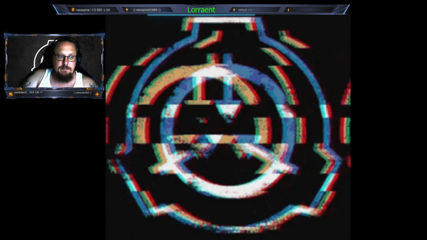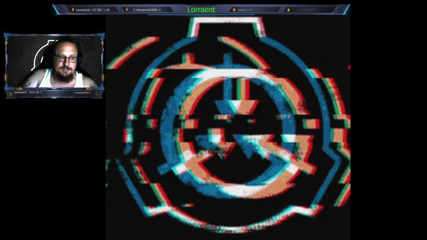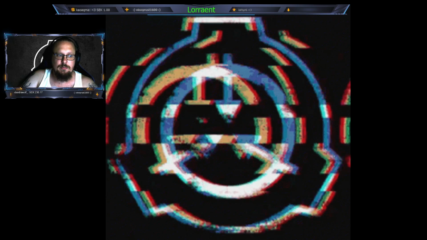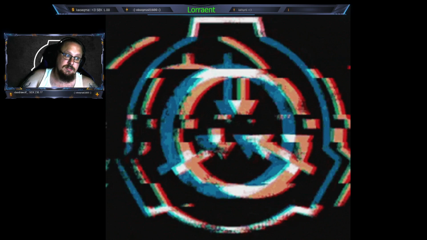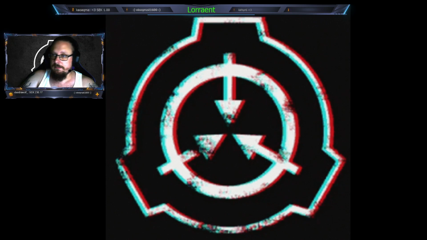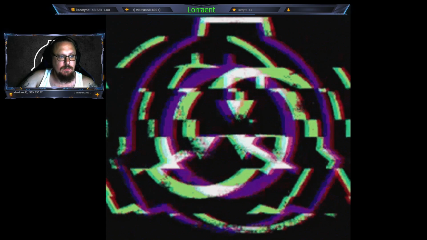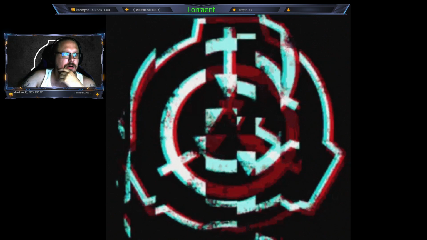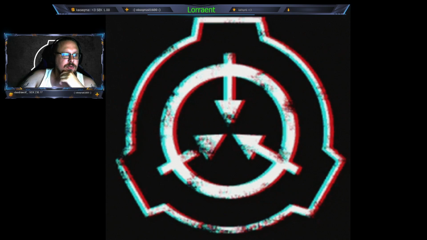Archon SCPs may be a part of a consensus reality that is difficult to fully contain, or may have adverse effects if put in containment. But the most dangerous is the K class.